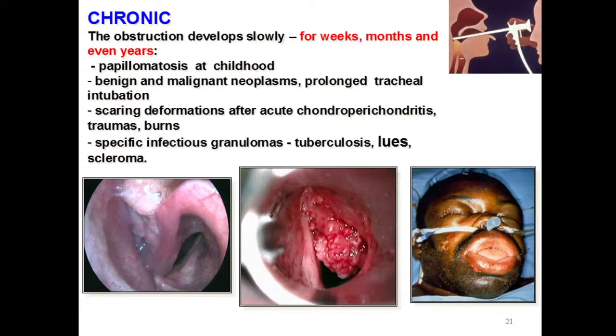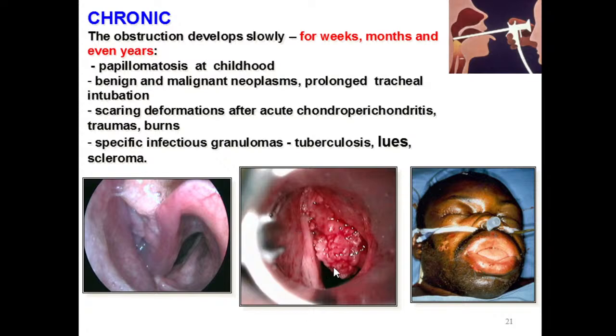Firstly, you remember it is a benign tumor, but the course of the disease in a lot of cases is very bad, because of high recidives.